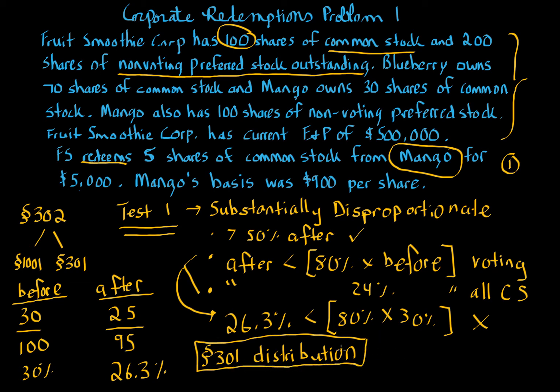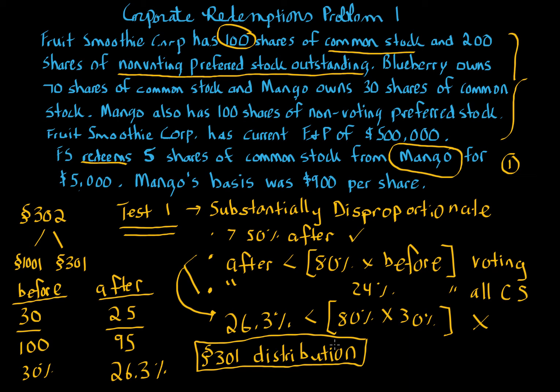Test 4, what about not essentially equivalent to a dividend? Remember, that's the one where you have to look at a significant or meaningful reduction in control. There are 2 revenue rulings that we focus on: Revenue Ruling 75-502 and Revenue Ruling 76-364. Revenue Ruling 75-502 had 2 taxpayers. 76-364 deals with the issue of concert, where you need more than 2 taxpayers.